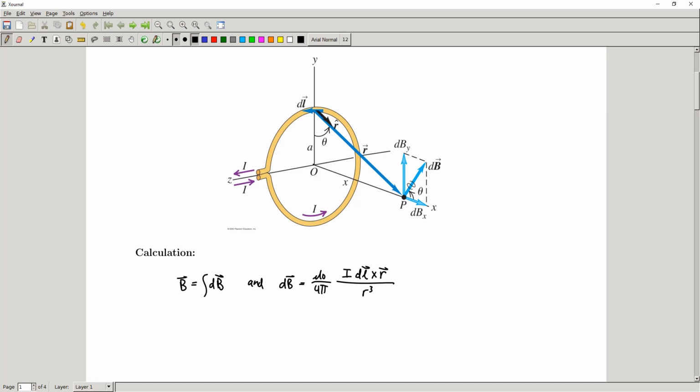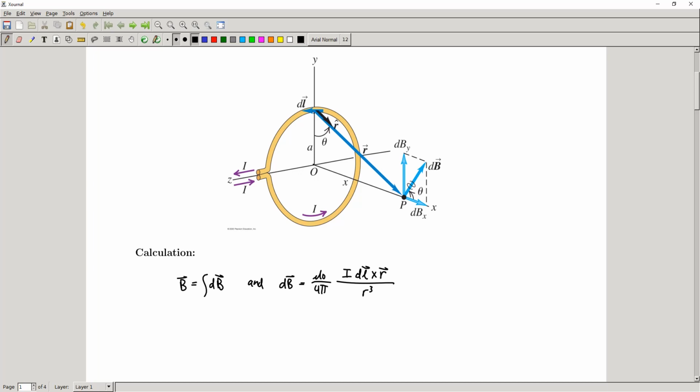At least this one contribution that we're seeing here, we could break up into its y and its x components, right? We could split this dB into its y component and its x component. Now, we can imagine what's going to happen as this dl starts rotating around.